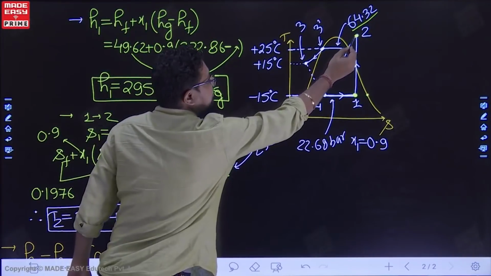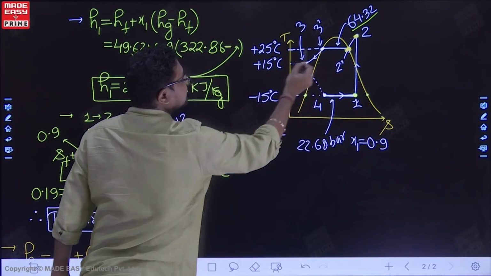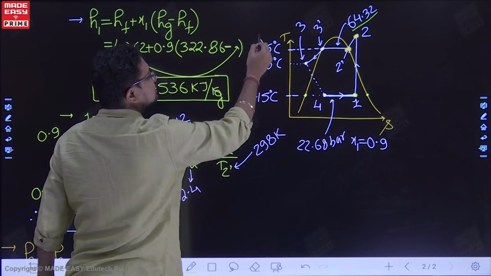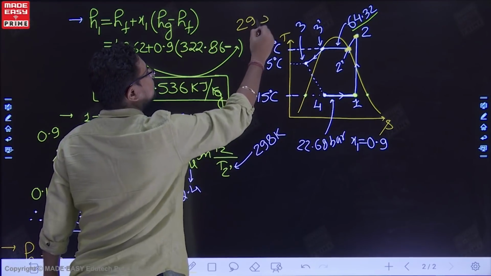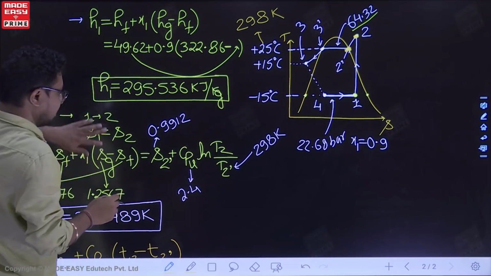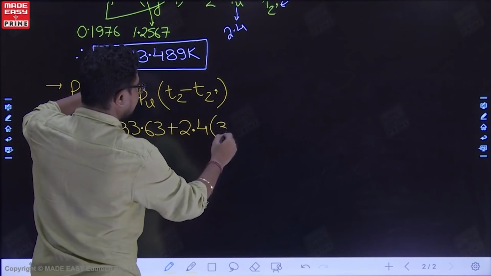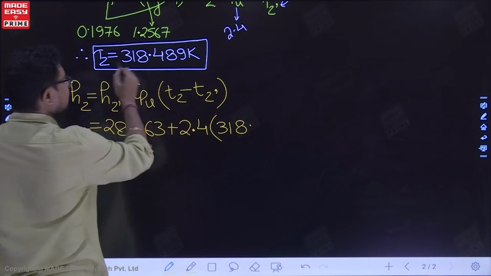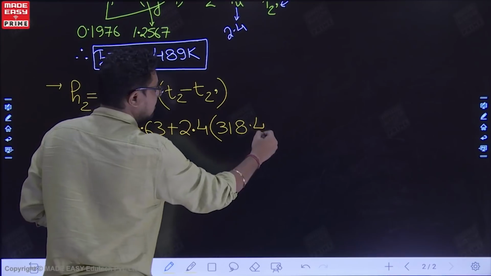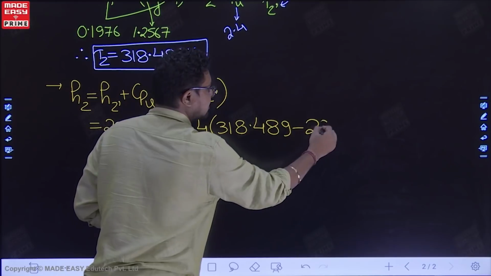T2 dash is 25, in Kelvin 298, adding 273. T2 we already know, 318.489, minus 298.